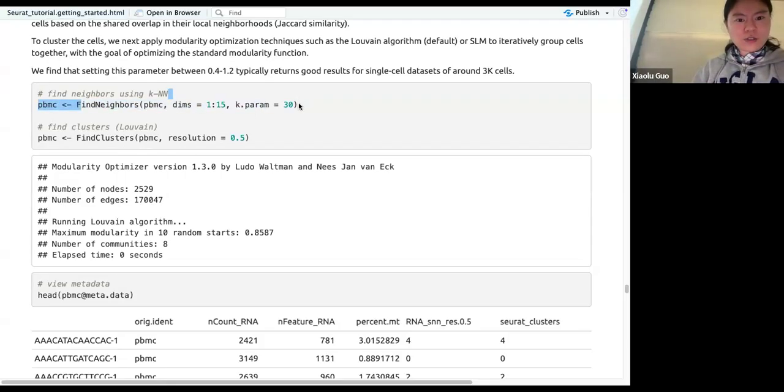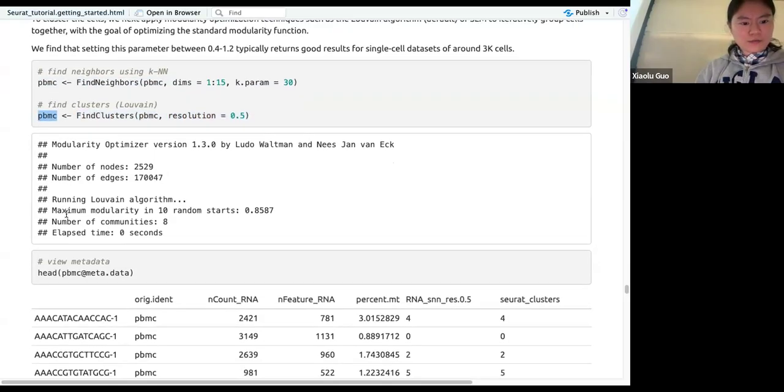So this is just one line. And here we use the Louvain algorithm to define the clusters. And we can specify some parameters. And here is the resolution parameter. And then with that parameter, we can define some clusters.